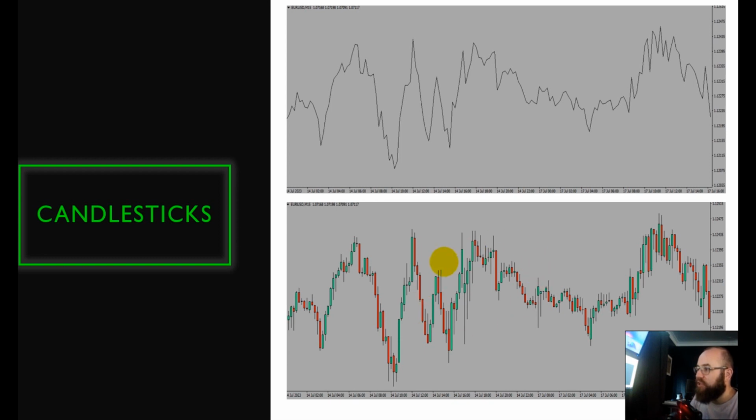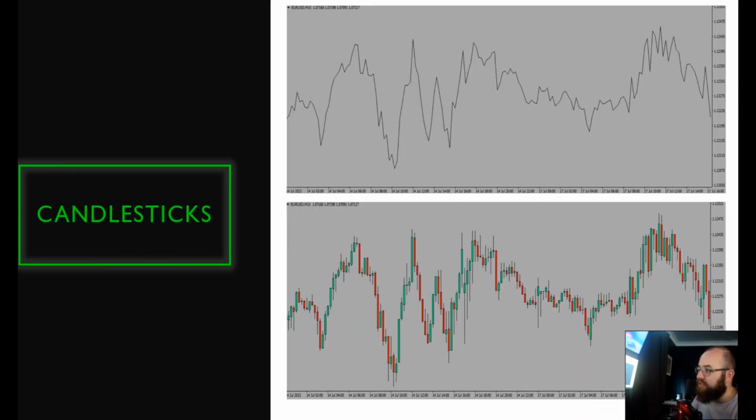Why bother using a chart that looks like this, that's a lot more sophisticated, a lot more complicated, rather than a line chart? Well, it's all to do with making money. In order to make money, you need to be able to predict where future price is going to be with some degree of accuracy.